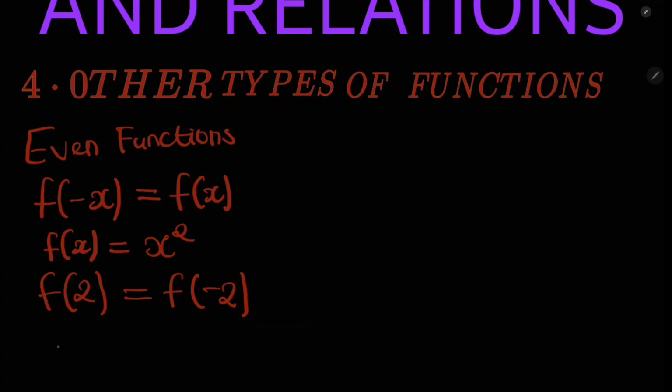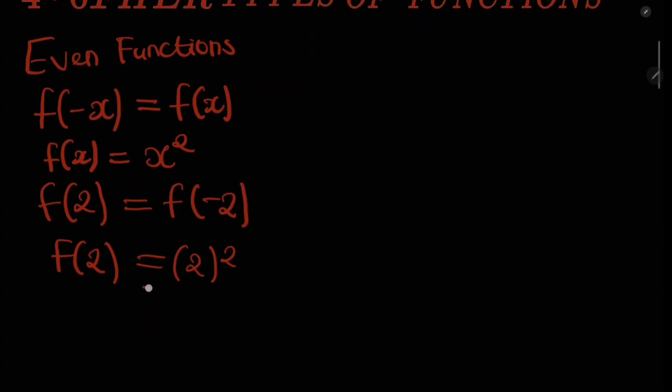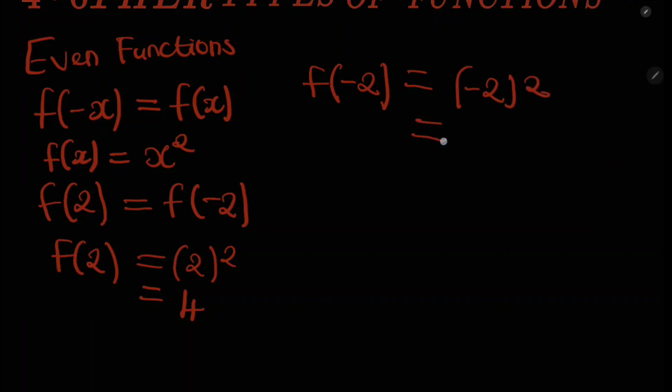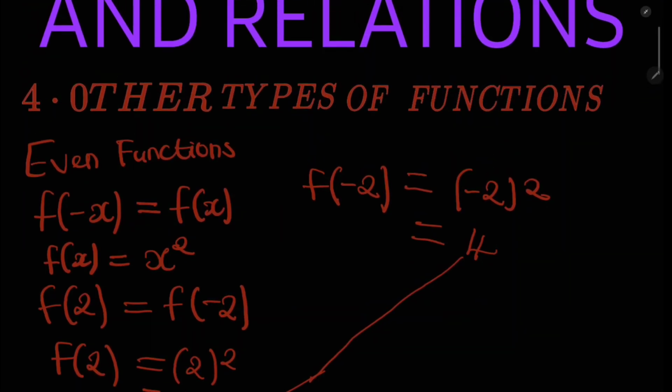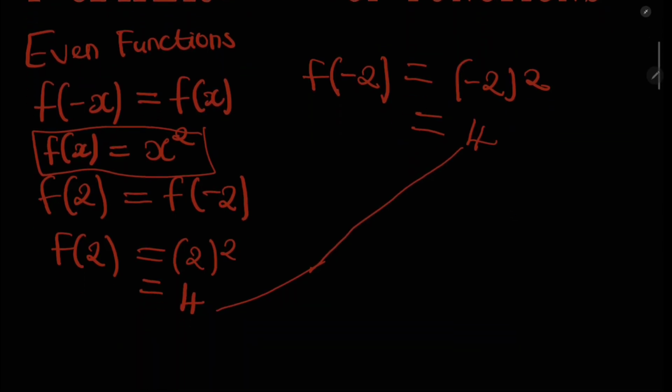So let's substitute. f of 2 is going to be 2 squared, which is 4. And f of minus 2 is going to be minus 2 squared, which is still 4. So from here we can see that this function is an even function.